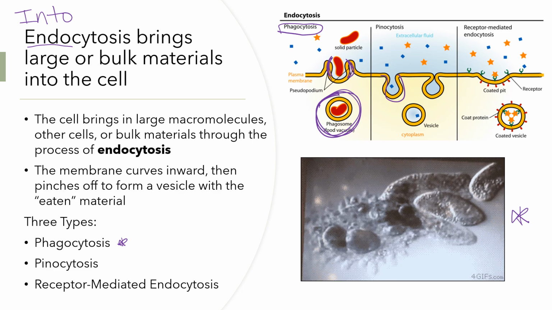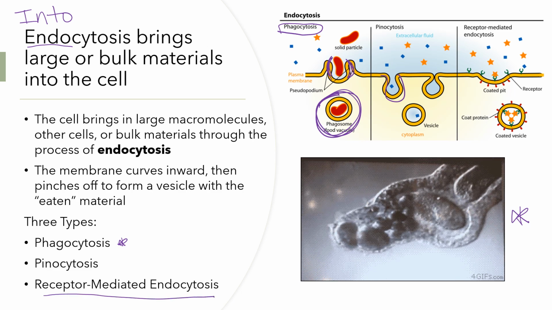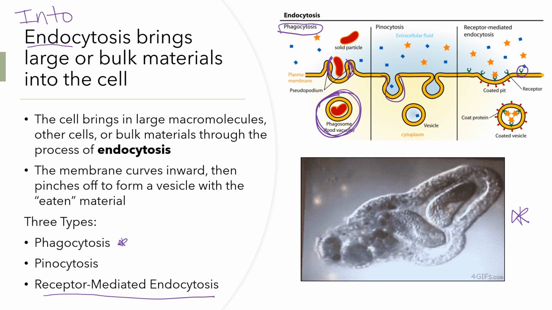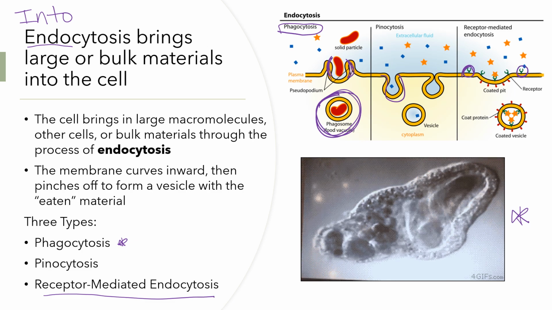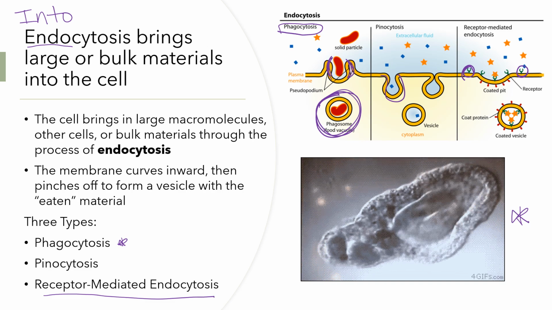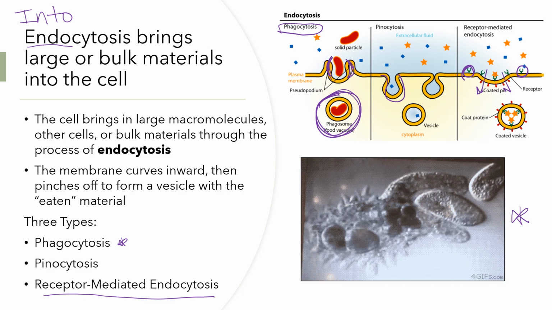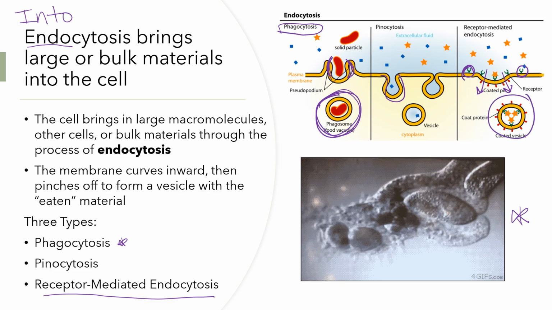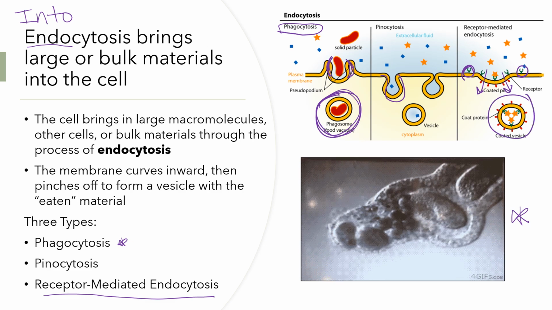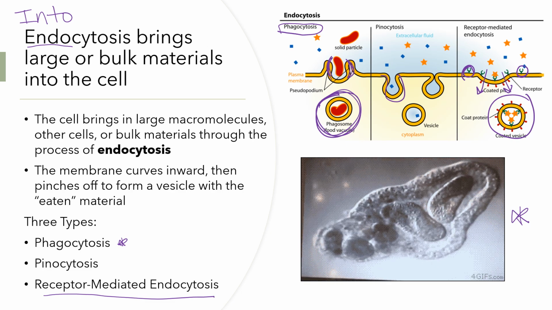And then we also have receptor-mediated endocytosis. Here's where we have little receptors on the surface of our cell. When the correct molecule binds to that receptor, it causes the membrane to start to dip inward to create that vesicle and bring in that specific molecule that just bound to those receptors.